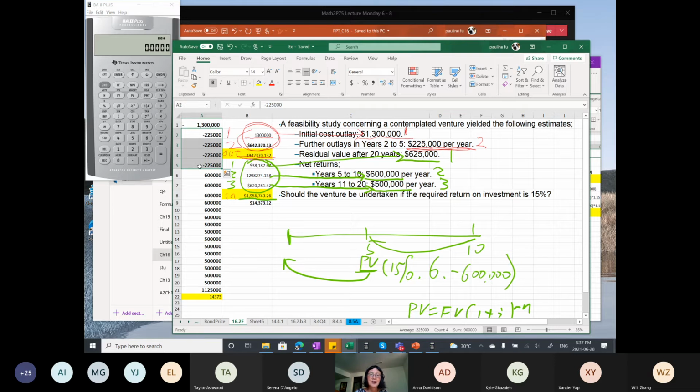And then you have benefit. 600 from year 5 to year 10. You have 600,000 happening 6 times, in 6 years. So this number happened 6 times.